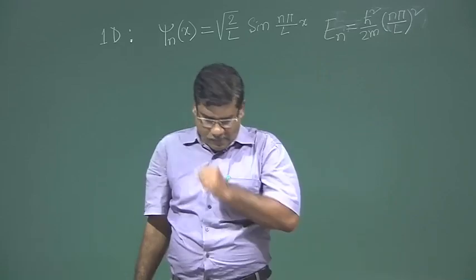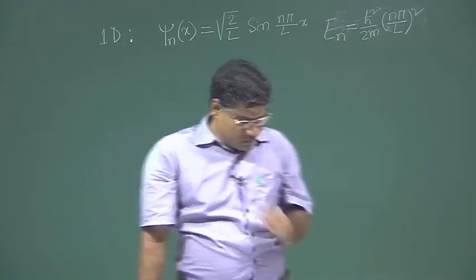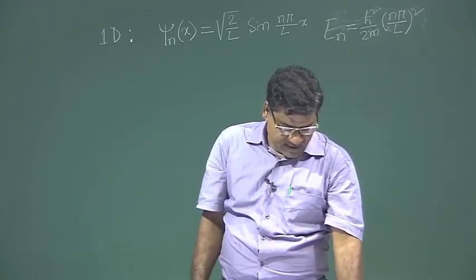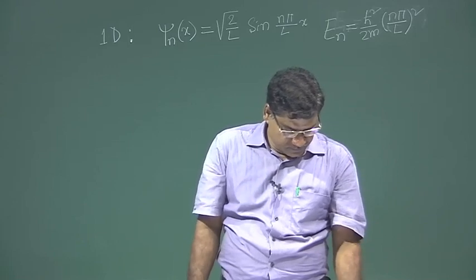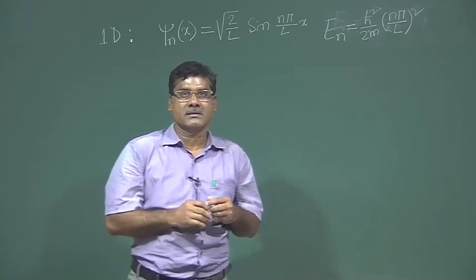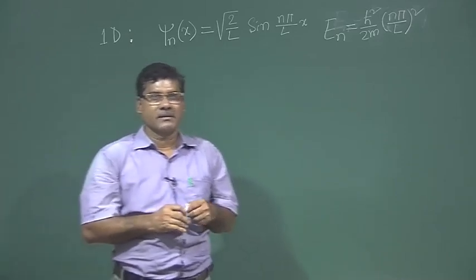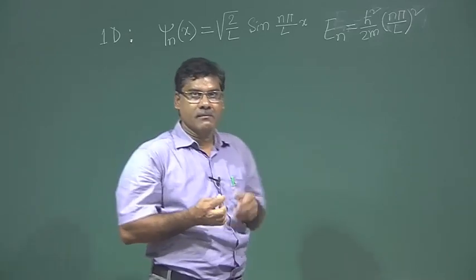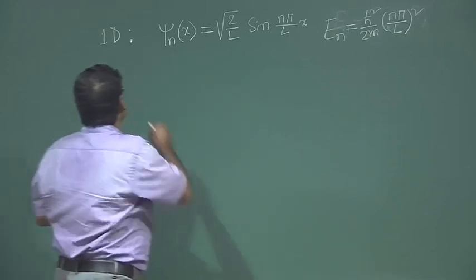So, just for simplicity we have considered a one dimensional electron gas, but in reality it's 3 dimensional.